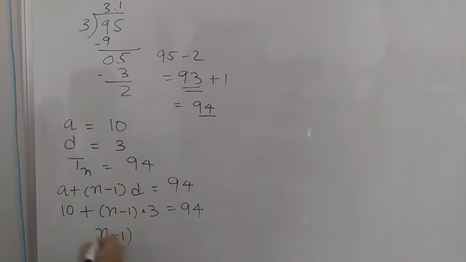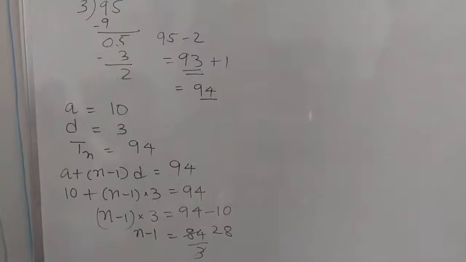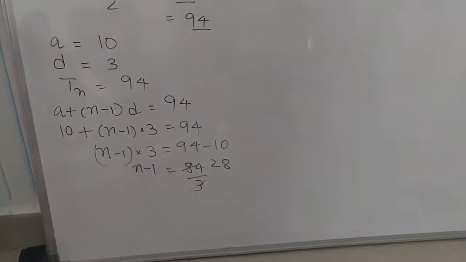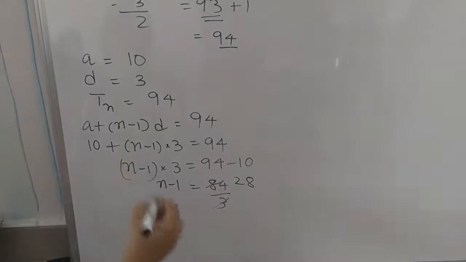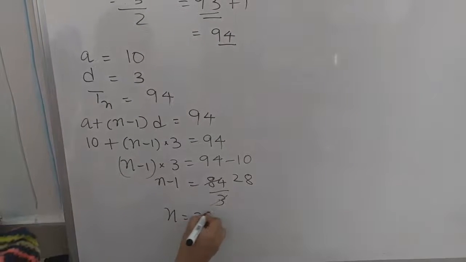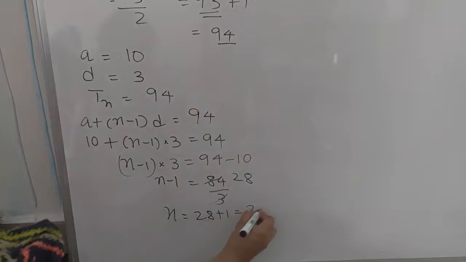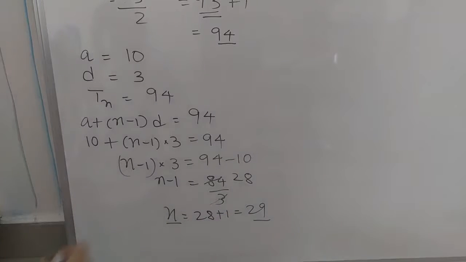By calculation, 94 minus 10 is 84, and n minus 1 is 84 divided by 3, that is 28. So n is equal to 28 plus 1, 29.